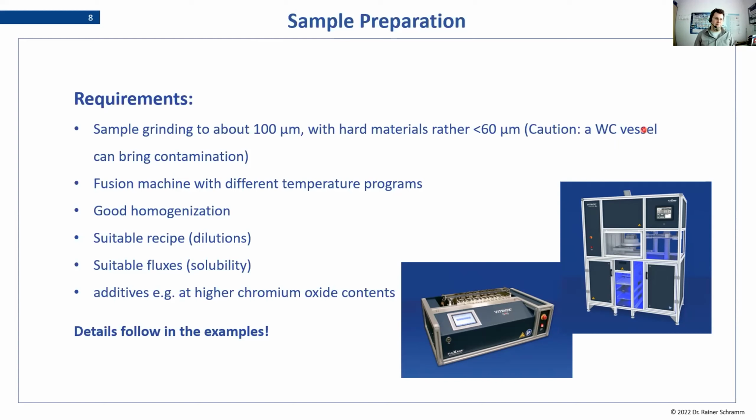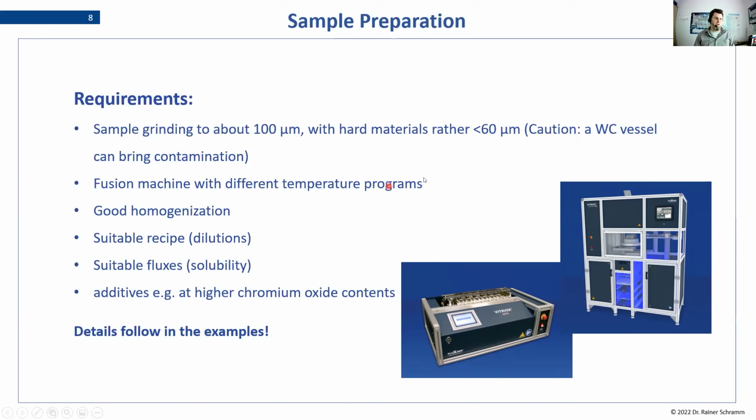So the zirconium vessel is not a good idea. And the same goes for stainless steel. We have a chrome steel here, which again will cause problems with contamination. So in reality, tungsten carbide is the best choice here, because it's pretty hard and very effective in crushing down this already hard material or sample. And also the contaminations can be ignored to a certain extent.